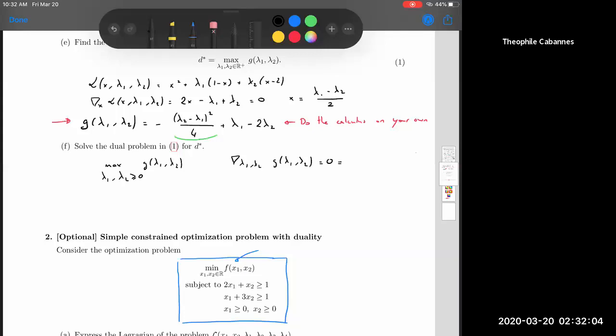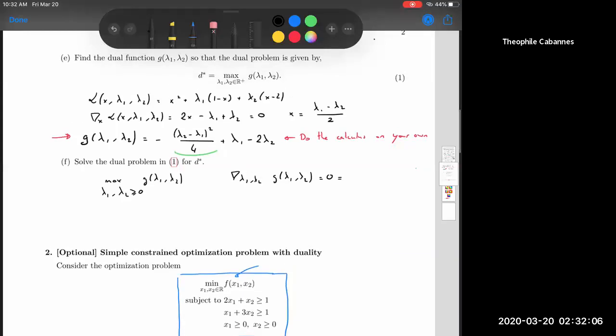And this will give us, so I think the first one is lambda2 minus lambda1 divided by 2 plus 1. And the second one is minus lambda2 minus lambda1 divided by 2 minus 2.